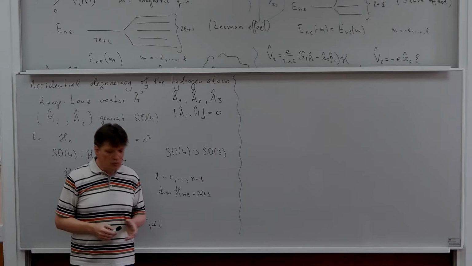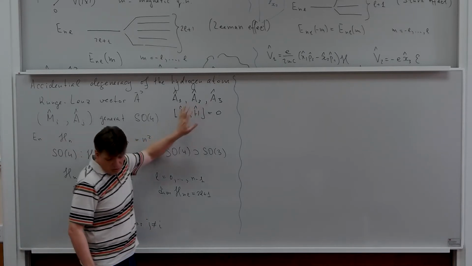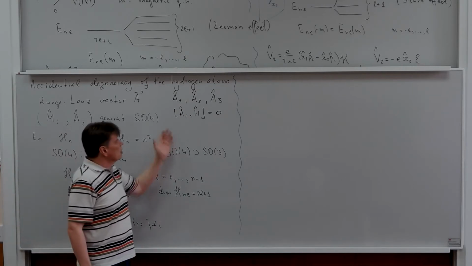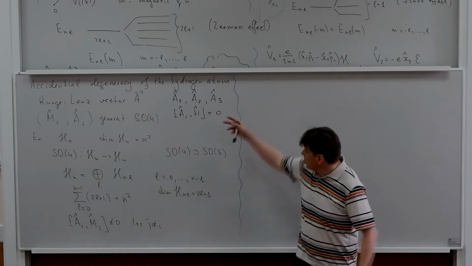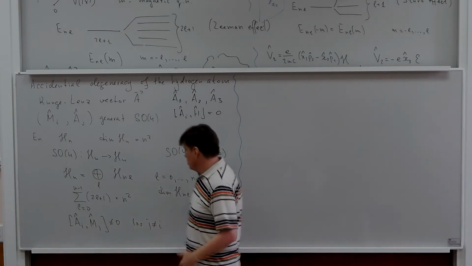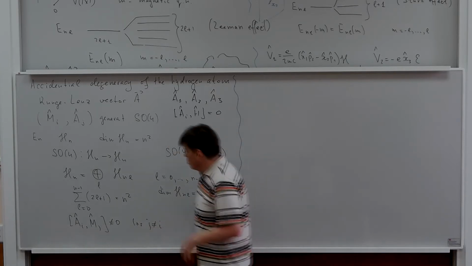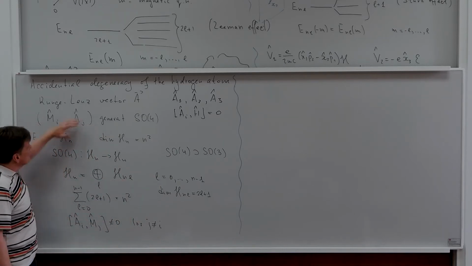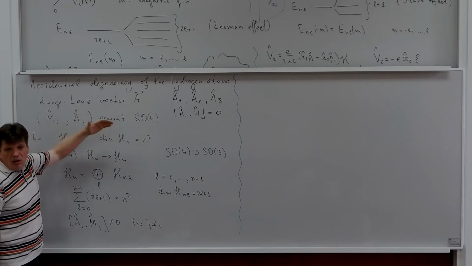So we have some integrals of motion, and according to the quantum counterpart of Noether's theorem, we can generate the corresponding symmetries, and we ask what we can infer from these symmetries in terms of the energy spectrum. And we see that the hidden symmetry, why is it hidden?